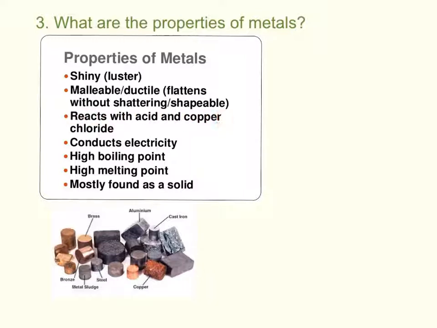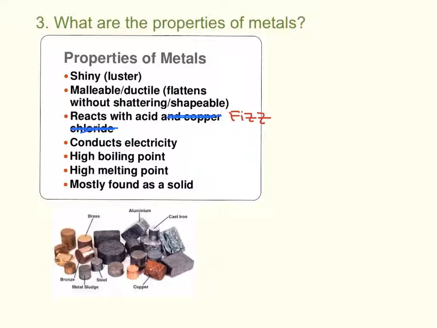Most metals will react with acid. Ignore the copper chloride part, just most will react with acid. What that means is that you put them in an acid and they'll fizz and bubble. Of course, metals conduct electricity, which is why we make wires out of them. They all have a pretty high boiling point and a high melting point, which means it's hard to melt them.